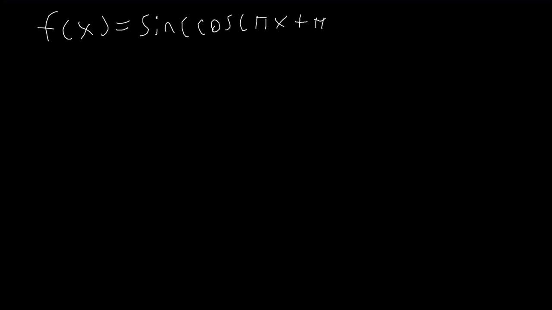So for our next example, let's find the derivative of f of x with respect to x when f of x equals sine of cosine of pi x plus pi to the power of e.